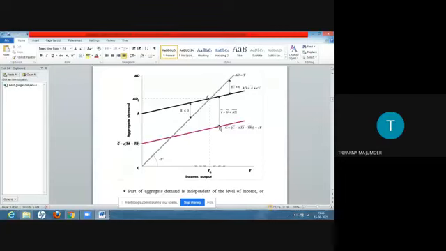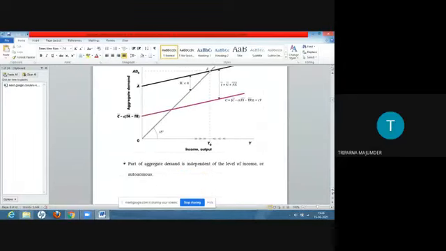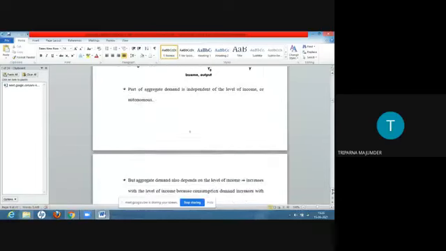To that we add the autonomous expenditures or spendings to get the aggregate demand curve. AD is equal to A bar, where A bar is all the autonomous parts of the expenditure clubbed together, plus cY, the part dependent on the level of income.